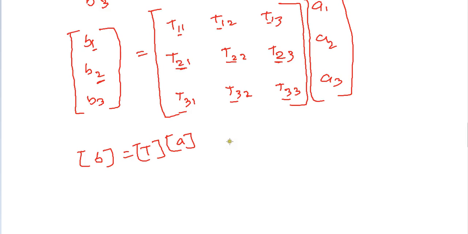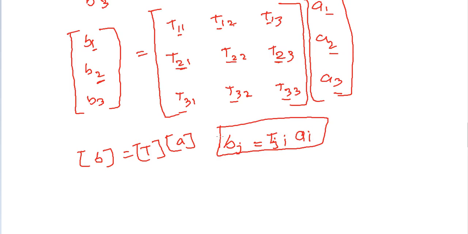So in tensor form we can write Bj equals Tji Ai, where i and j run over 1, 2, 3. So Bj equals Tji Ai in indicial notation or matrix form.